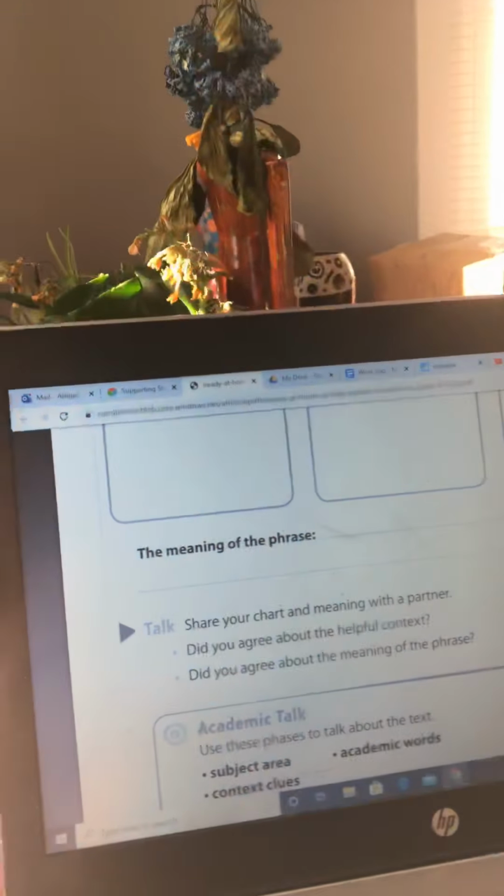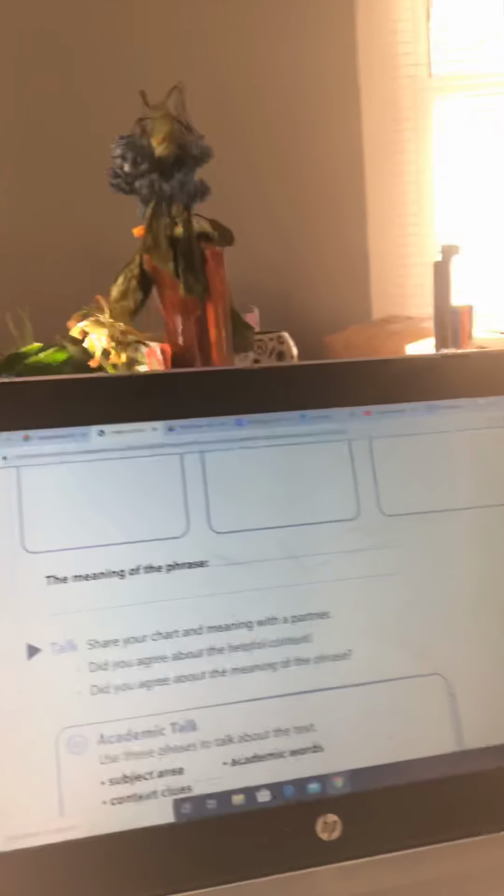What do we put? How do we rephrase our sentence? The meaning of the phrase conceived of. Conceived of means, that'd be the easiest way. Conceived of means, so put that. Conceived of means, how do you spell conceived of? Oh yeah, it's right there.